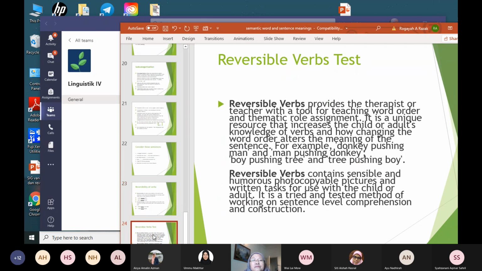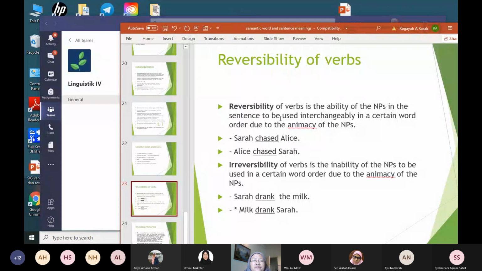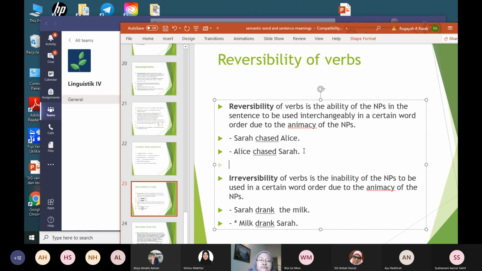But what do I have here? Oh, okay. So reversibility is a problem for adults with aphasia because if let's say you have a sentence, Sarah is chased by Alice, the aphasia gets confused with this.